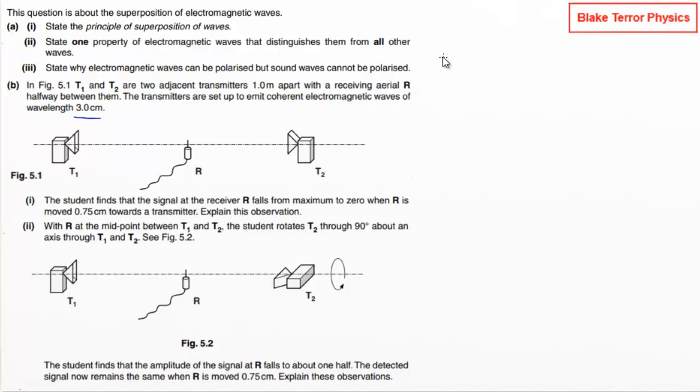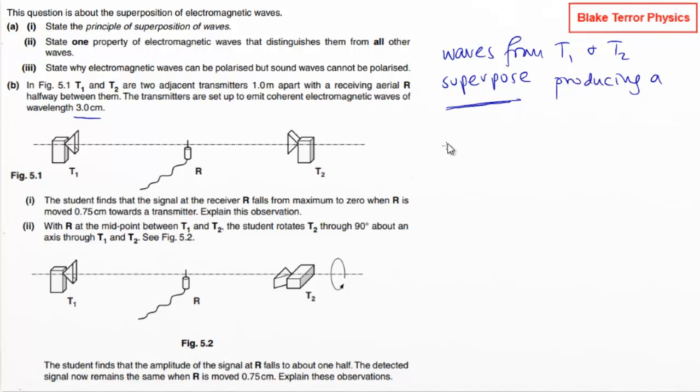So we want to say that the waves from T1 and T2 superpose. I'm going to write this in shorthand, but we want to get that keyword in. That's going to produce a stationary wave or a standing wave, whatever you want to call it.